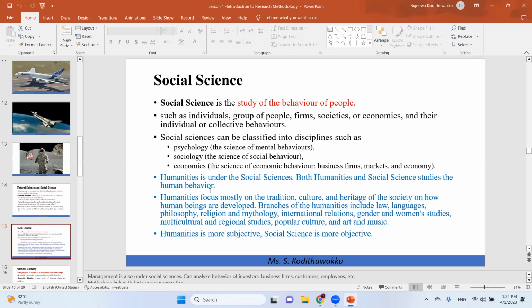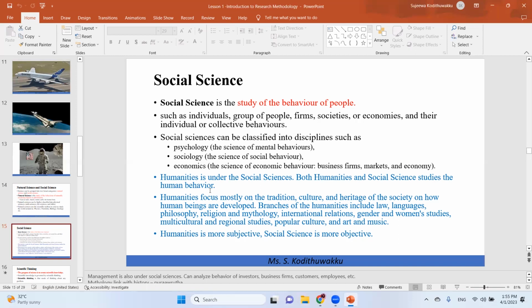It's because of, let's say, the behavior of the producers or the behavior of the suppliers or various other people connected to the process, right? So that's the thing. Social science is highly linked with individuals, groups of people, firms, societies, economies, and their individual or collective behavior. Then social science again can be classified into three groups.